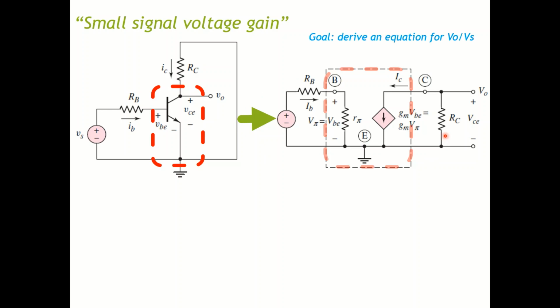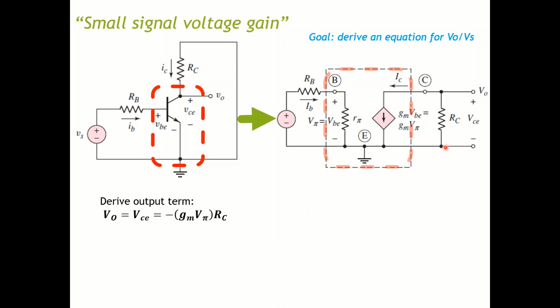The goal here is to derive an equation for the ratio between output voltage and input voltage, which is the gain. First we have to derive the term for the output. So we have VO equal to VCE over here.